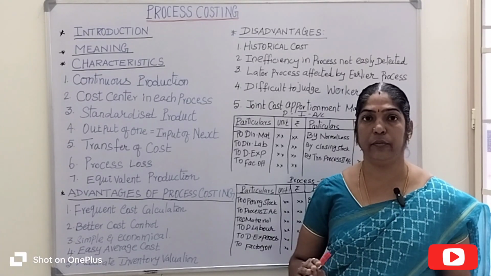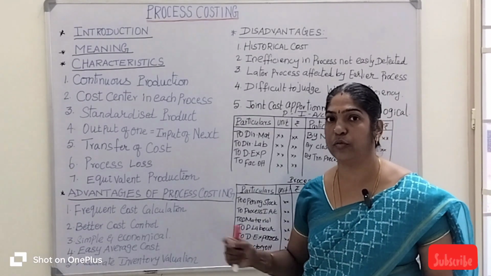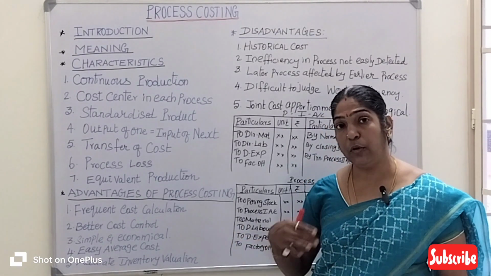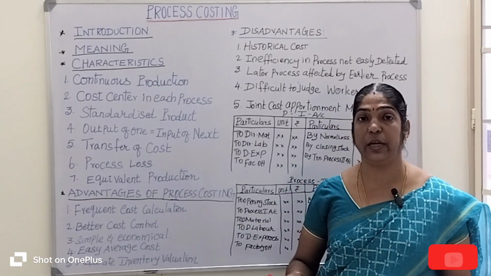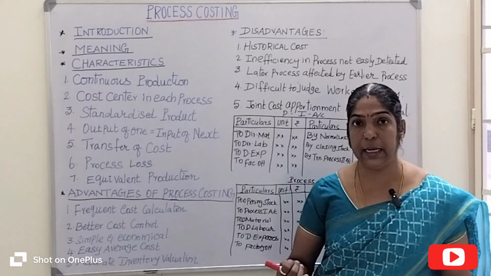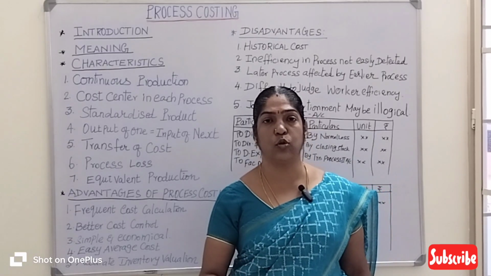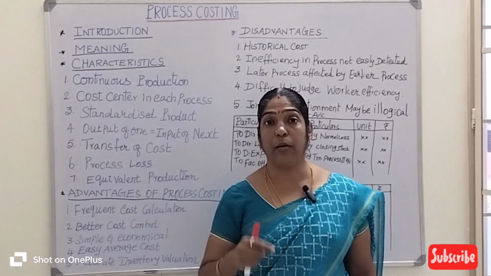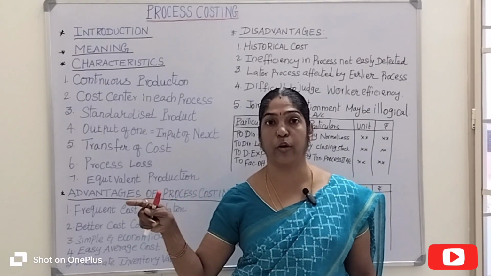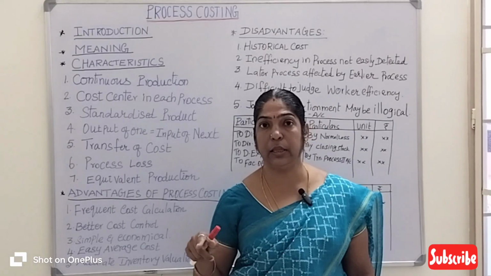No, we can't wait till the end of the accounting year to find the cost of production, because in process costing, even though it's continuous production, we can calculate the cost very easily, frequently: daily, weekly, monthly. Say for example, if you run a soap manufacturing industry, on Monday the cost of production is 50,000 rupees and the output is 10,000 soaps.